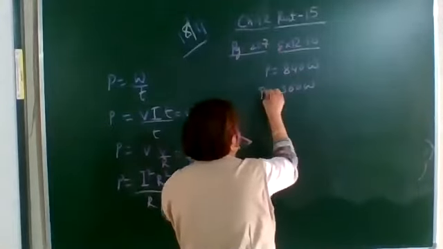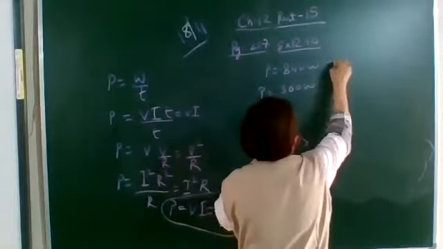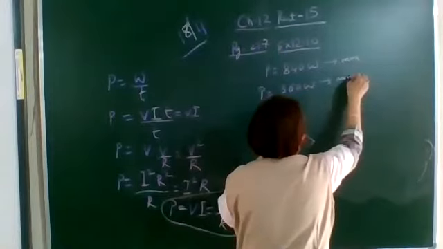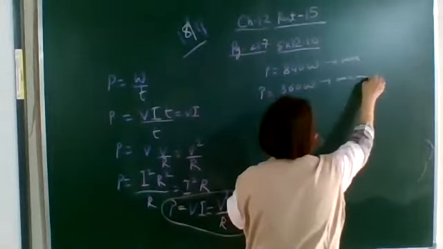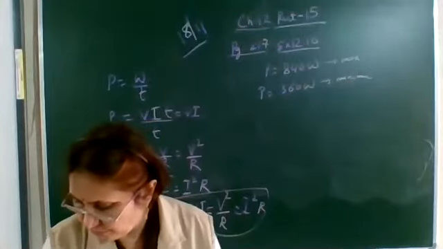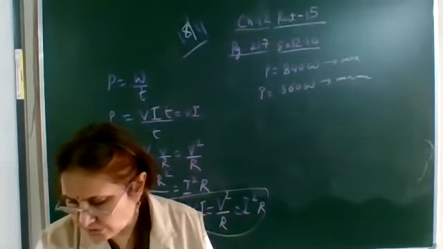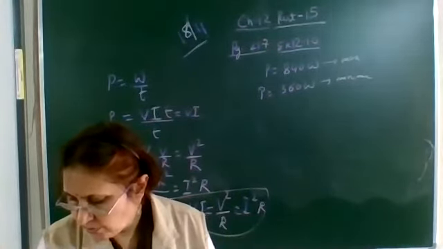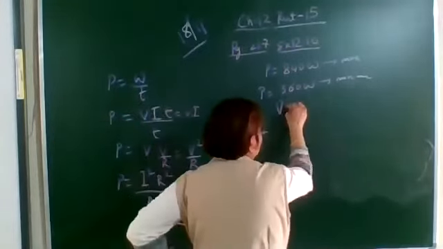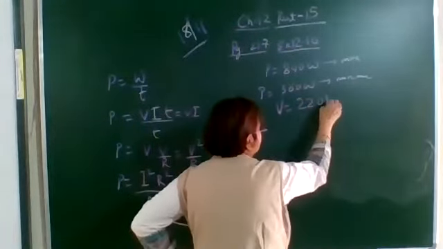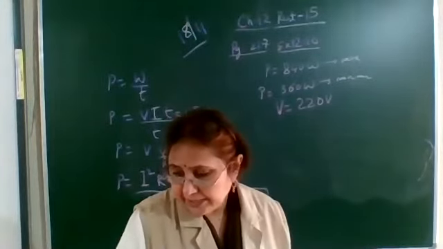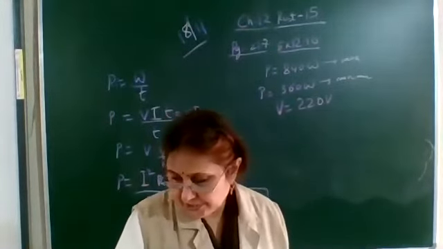The same conductor is consuming this much power. The voltage is 220 volt. What is the current and resistance in each case?